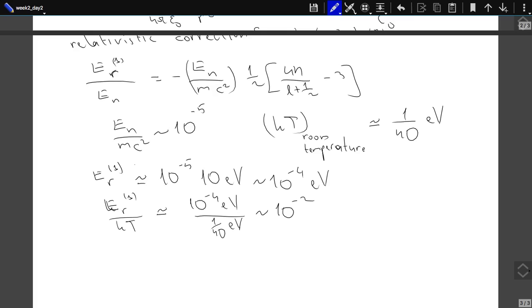Because due to this random motion, some of the line frequencies will be shifted up, some of them will be shifted down, because the atoms are moving in random directions. So the line shape you observe will not be a mathematical line, but it will have a width. The width will be of the order of 1 over 40 electron volt. And this shift is already smaller than that width, so you won't be able to observe the shift within that width.